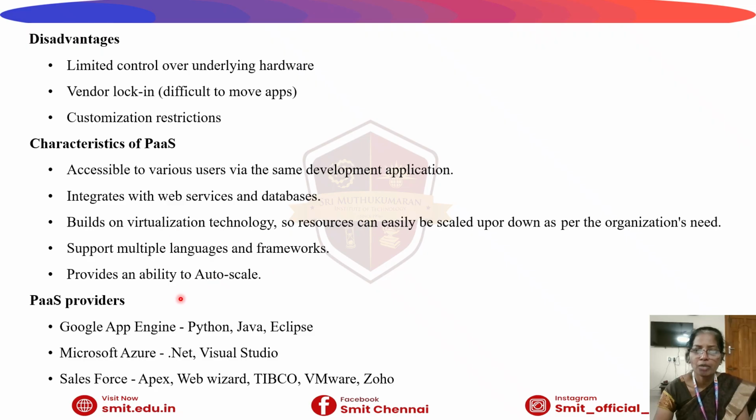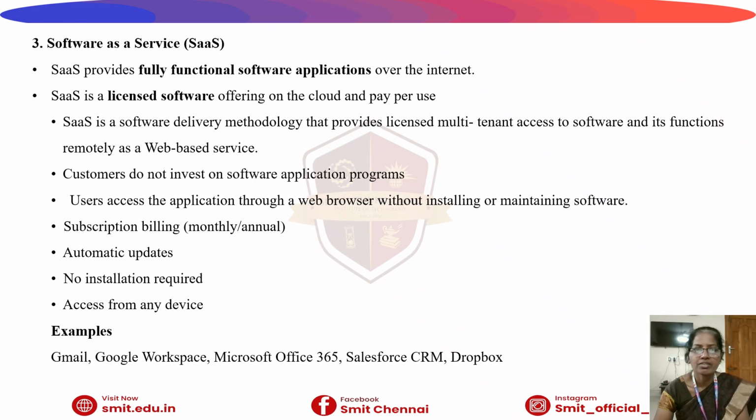It provides the ability to auto scale. Then the different Platform as a Service providers: Google App Engine, that is Python, Java, Eclipse. Microsoft Azure is .NET and Visual Studio. Salesforce is Apex, Force.com, and others such as VMware and Zoho. These are the Platform as a Service providers.